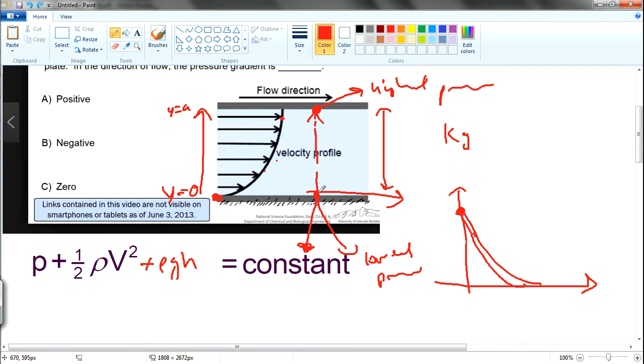As the pressure increases exponentially up to this point a, the velocity will decrease along the y axis.